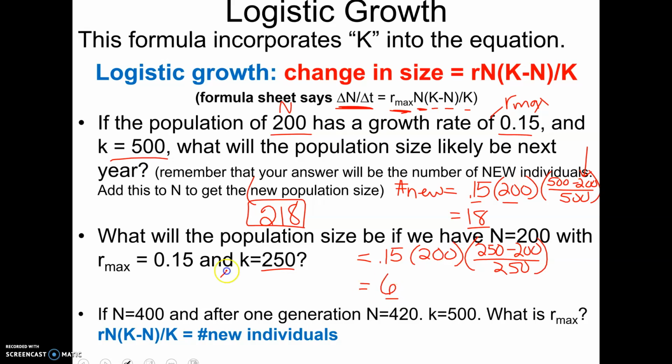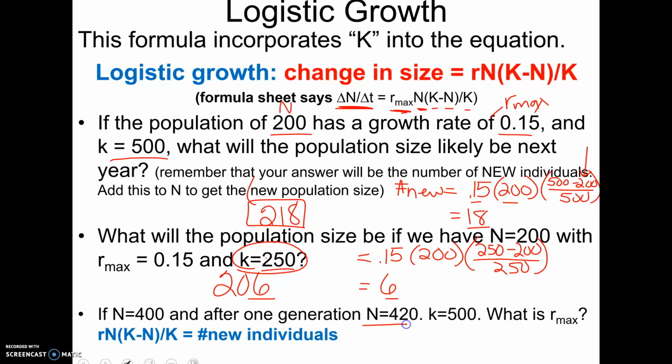In other words, our new population size is only 206. Why? Because now, if you notice in this problem, our original population is much closer to what the environment can support. So it slows down the growth. That's those density-dependent factors.